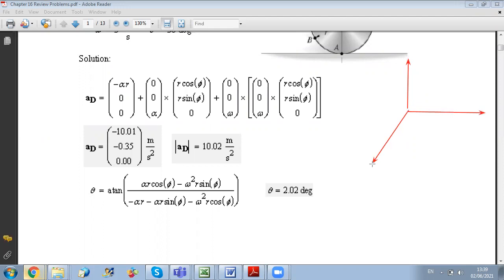So if I want to calculate the angle theta, I can calculate theta with the horizontal axis. So I do tangent minus 1 of the absolute value of the y component over the x component. Okay, any question on this problem?